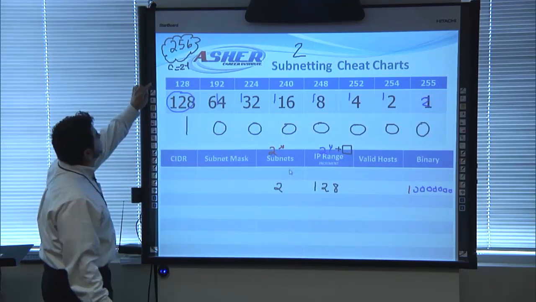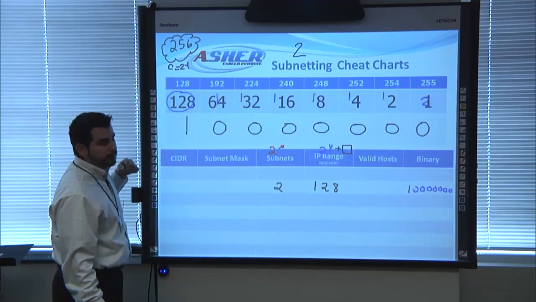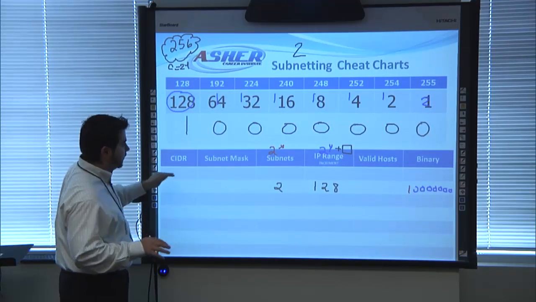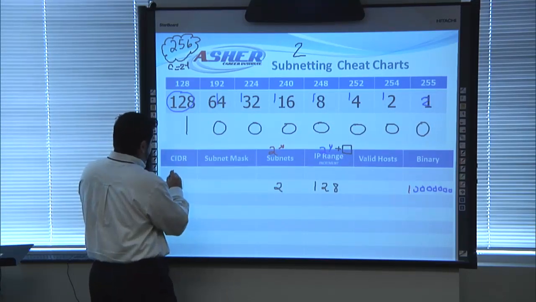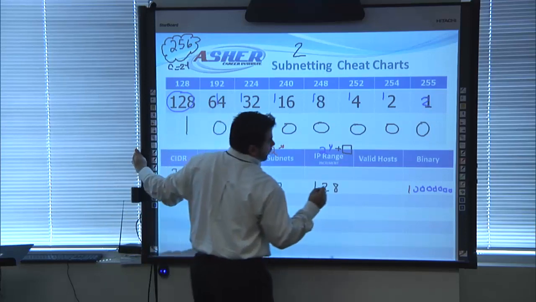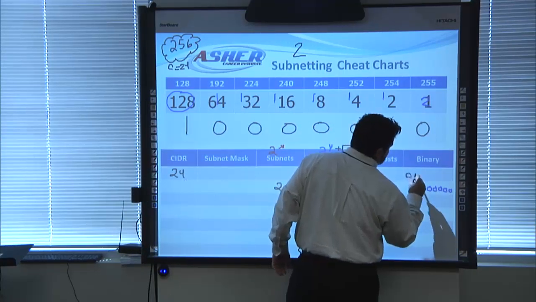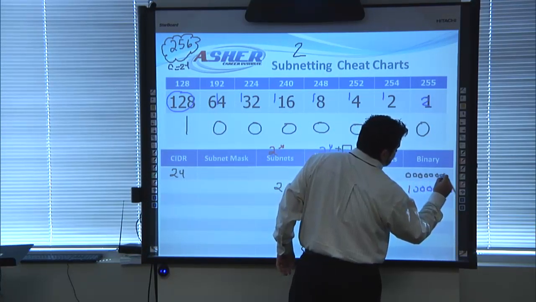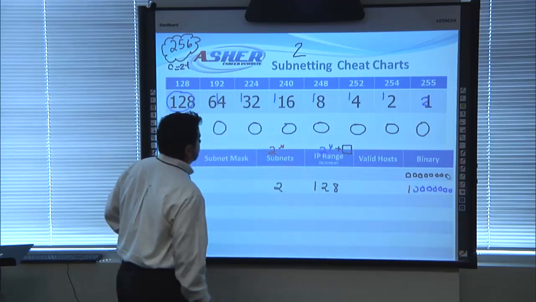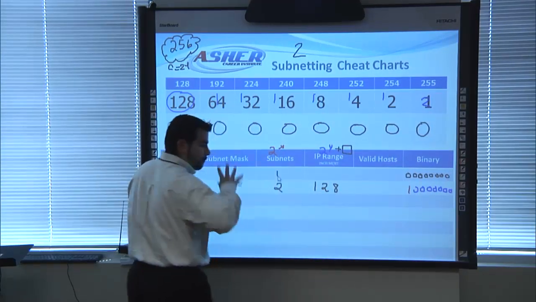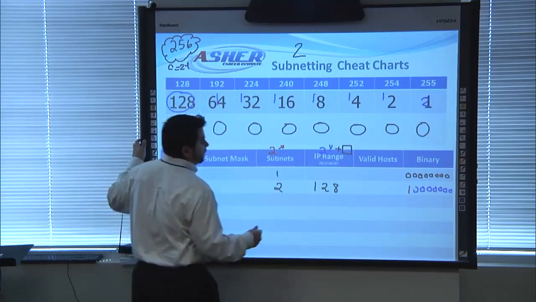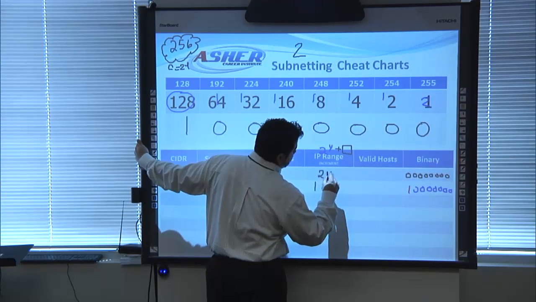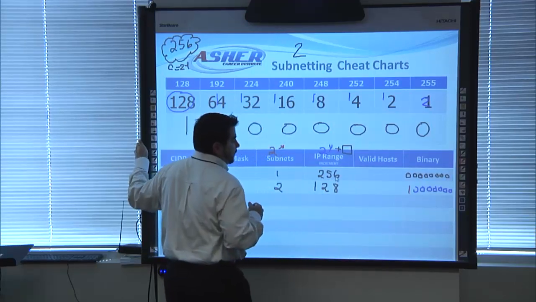So we're talking about a class C, and a class C already has 24. So we'll put a regular standard class C, no subnetting, in the top bar here. In a class C, there was already 24, and the zeros look like this: 1, 2, 3, 4, 5, 6, 7, 8. And there was just one big group, or one big giant subnet. It was just a big group of 0 through 255, which gave me a total of 256, right?